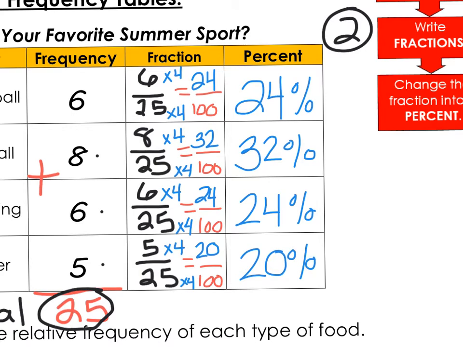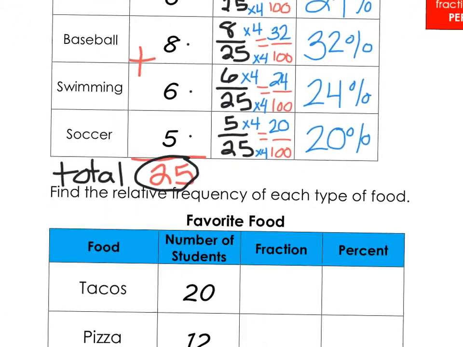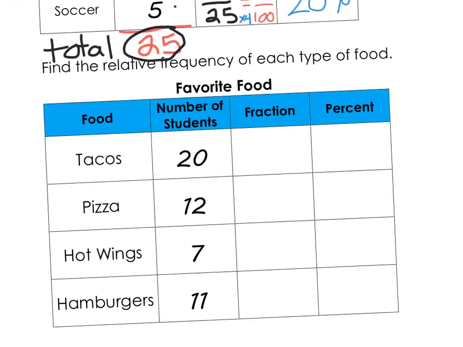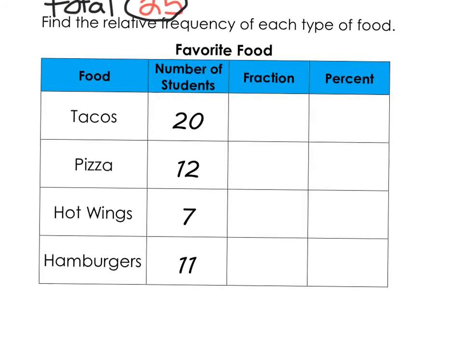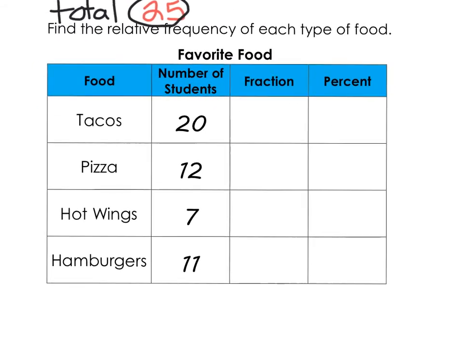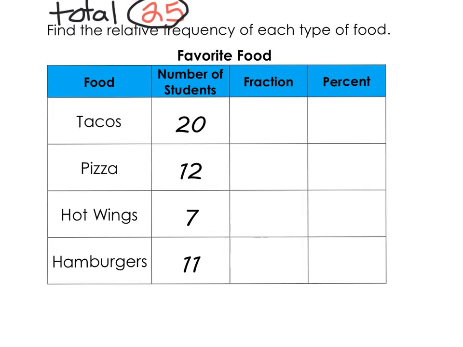Pretty simple? All right, let's try that again in the table below. So we're still going to follow our steps like we did in the last one. It says, find the relative frequency of each type of food. So now we're looking at favorite foods. And we see tacos, 20 people chose it. Pizza, 12. Hot wings, 7.